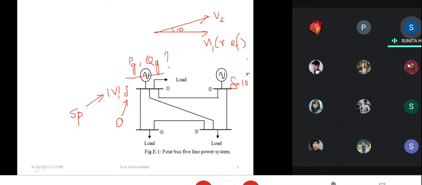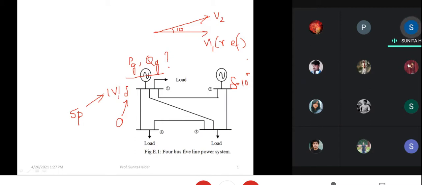But how can we make sure that the magnitude of voltage will be constant? Its reactive power limit may be violated. Generally, the generator with maximum capacity is assumed to be this type of generator.